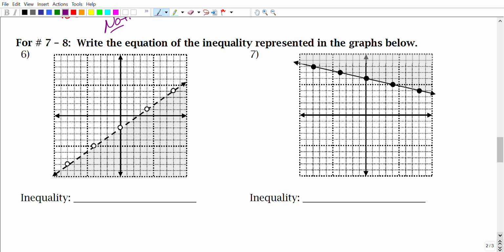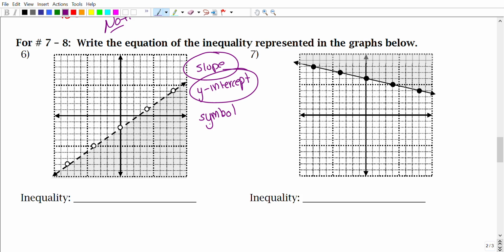We needed a slope, a y-intercept, and a symbol. By symbol, I mean a less than, greater than, less than or equal to, or greater than or equal to. From there we were able to determine whether it was solid or dashed, and shade above or below.